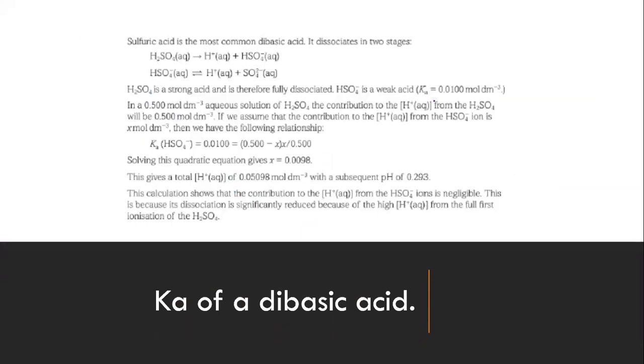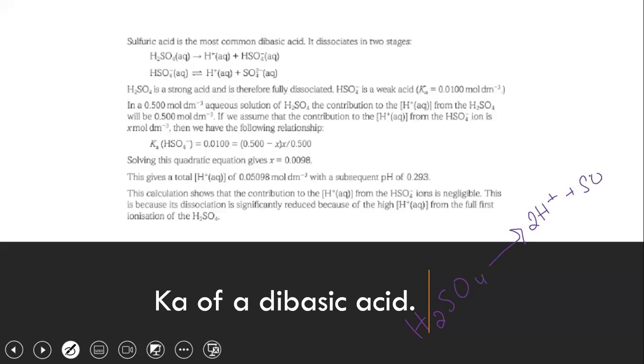For example, when we talk about sulfuric acid, it is a very common dibasic acid. Now, when our sulfuric acid dissociates, this is the equation that you and I have studied. This is the overall equation.